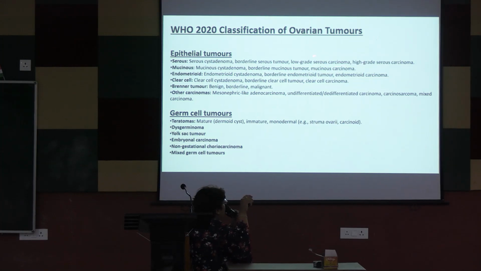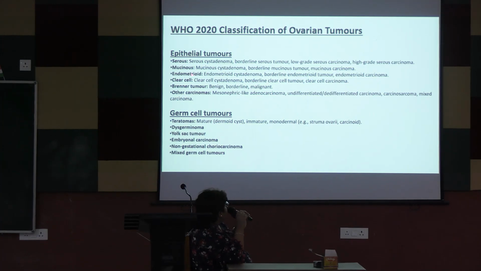The carcinoma may be low-grade serous carcinoma or high-grade serous carcinoma. Mucinous tumors, mucinous cystadenoma, it's benign. There is borderline mucinous tumor and mucinous carcinoma. Endometrioid tumor, endometrioid cystadenoma, benign, borderline endometrioid tumor, this is a borderline tumor, and endometrioid carcinoma.